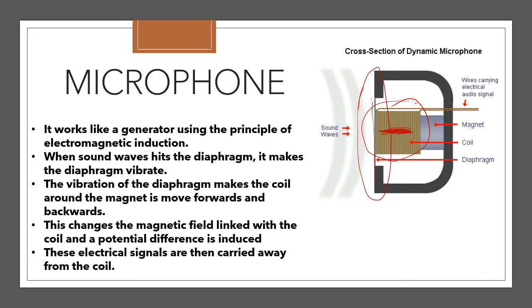That is basically how microphones work. To repeat, they work using the principle of electromagnetic induction. When sound waves are produced, they vibrate the diaphragm, and the diaphragm vibrates the coil attached to it.